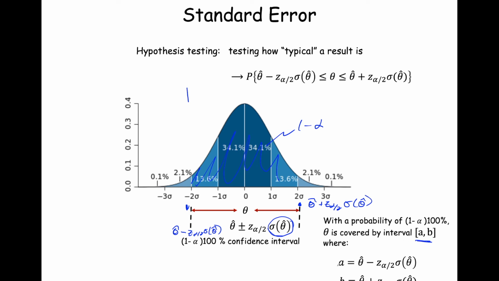Now, what is A and B? The A value is theta hat minus z alpha over 2 times 1 standard error of theta hat, and the B value is theta hat plus our z-score, z alpha over 2, times 1 standard error of theta hat.